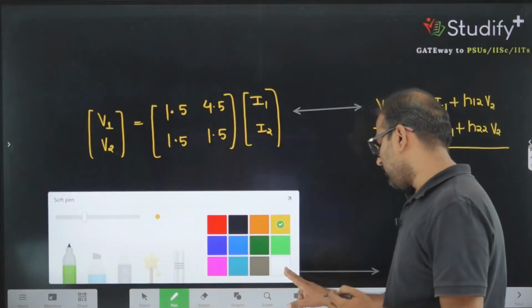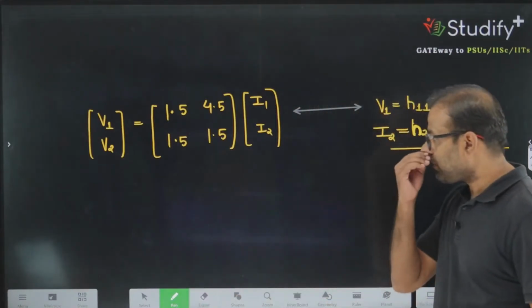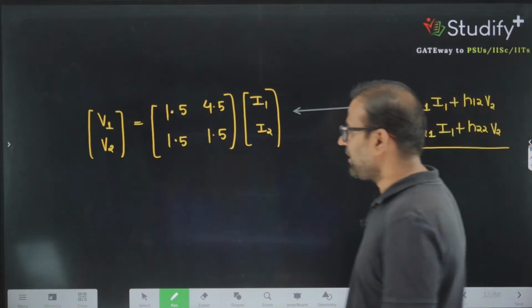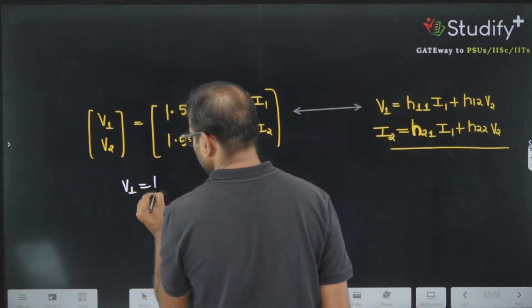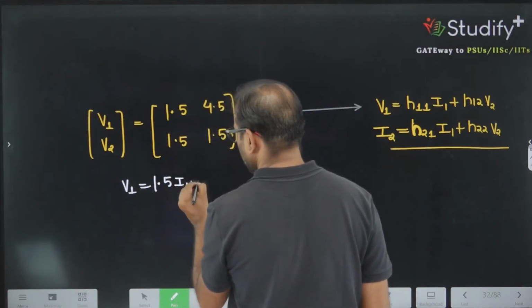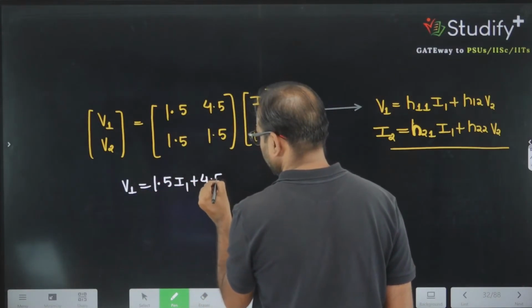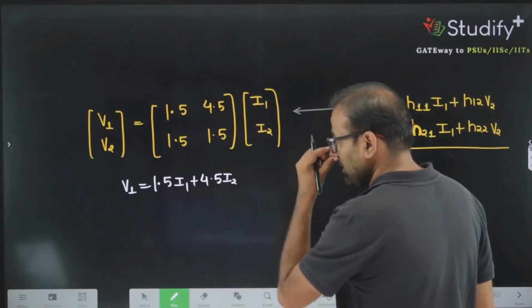Now, what we want to say is this. Let's look at our first equation. The first equation is V1 is equivalent to 1.5 I1 plus 4.5 I2. And what is V2?